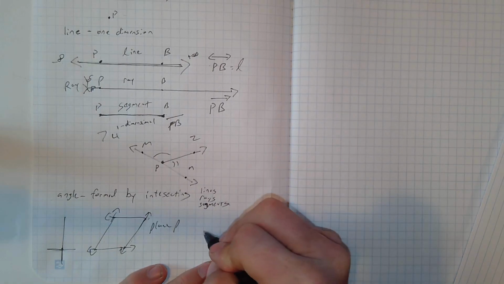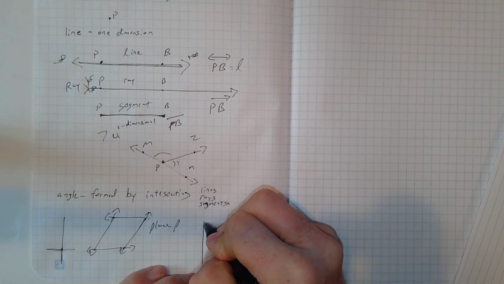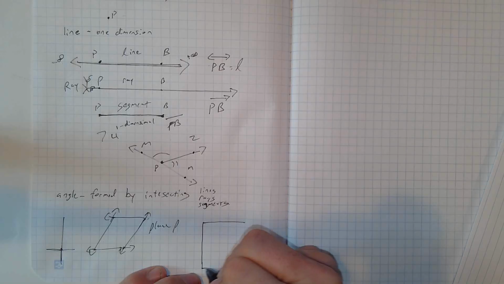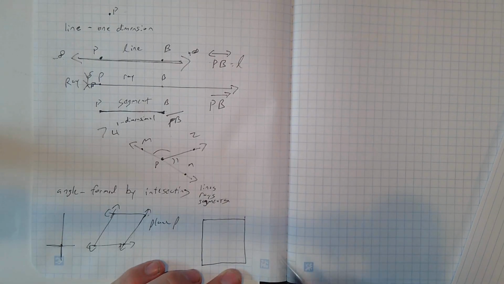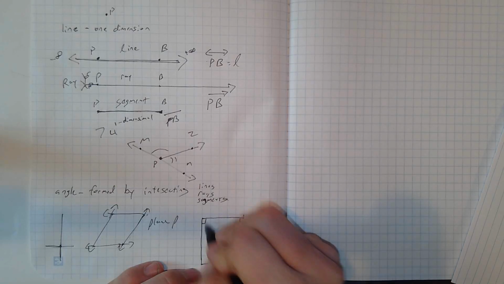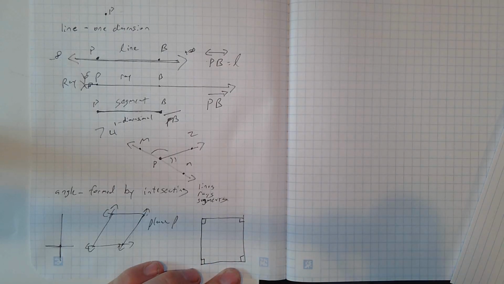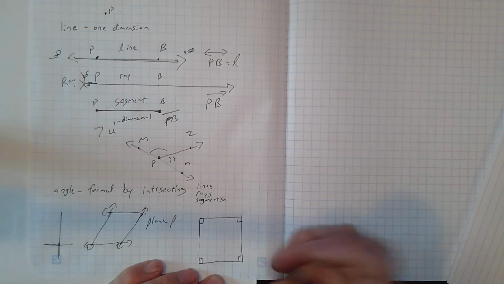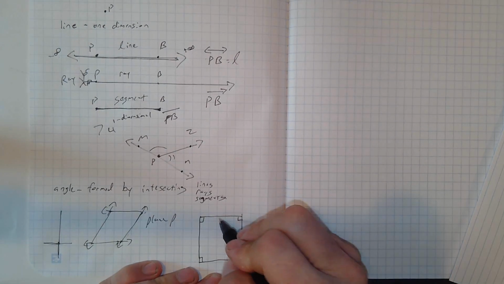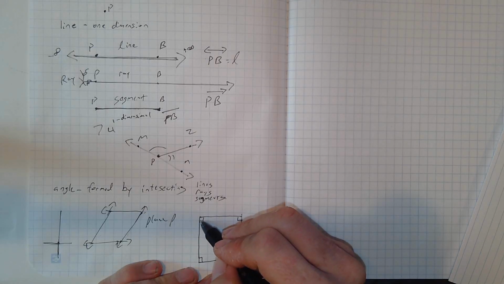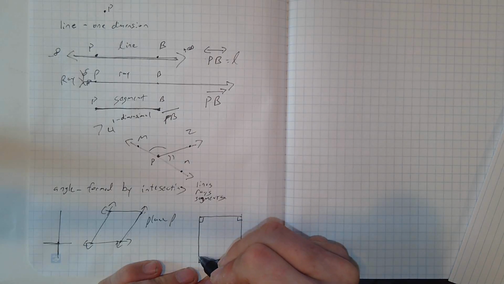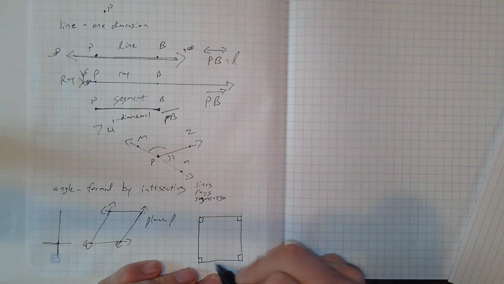So say, for instance, I had a plane made up of 4 intersecting lines, and they all came up at a 90-degree angle. You guys are probably familiar with 90-degree angles. That's something like a square, especially if these line lengths are all the same size. Let's say that this was 1, 2, 3, 4, 5, and this is 1, 2, 3, 4, 5.